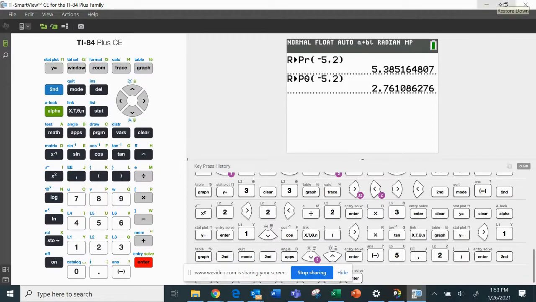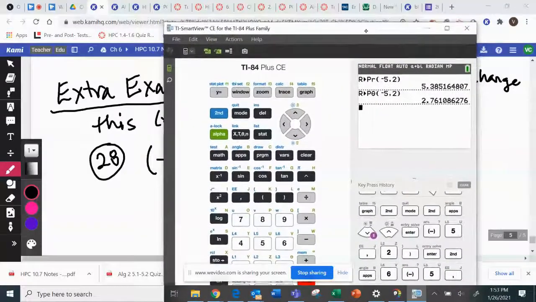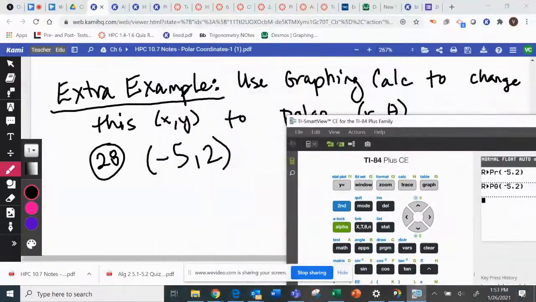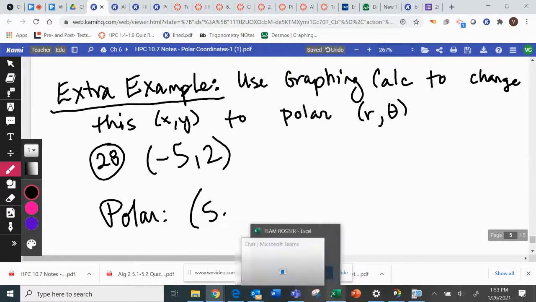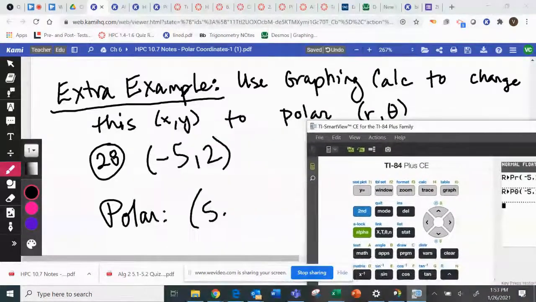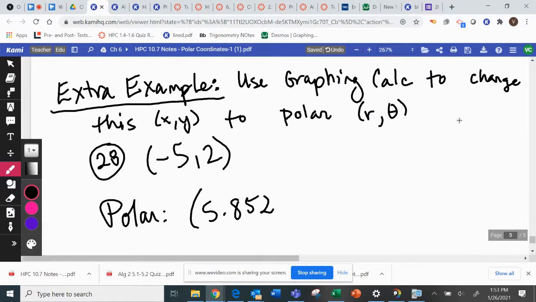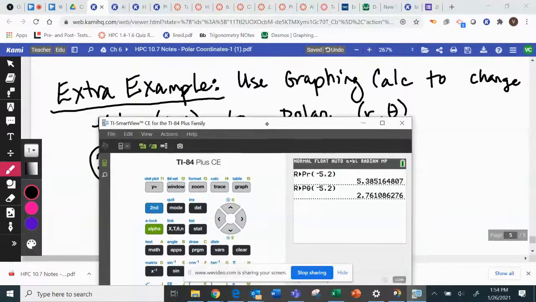So we would write our ordered pair as 5.3852, 2.7611.